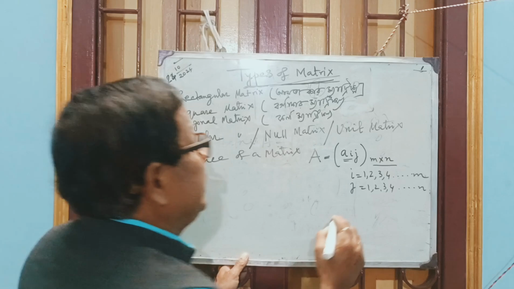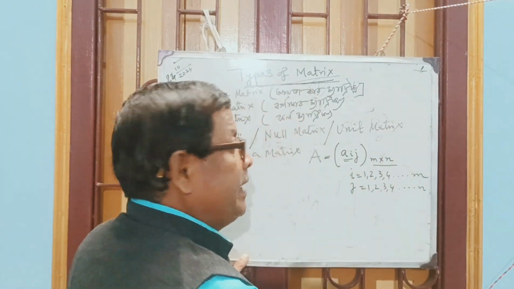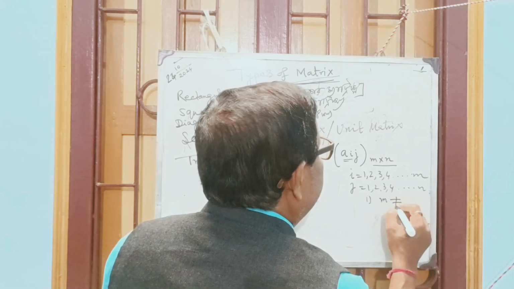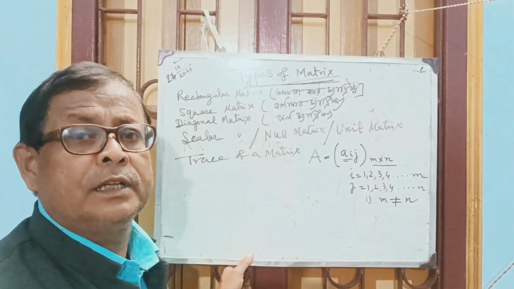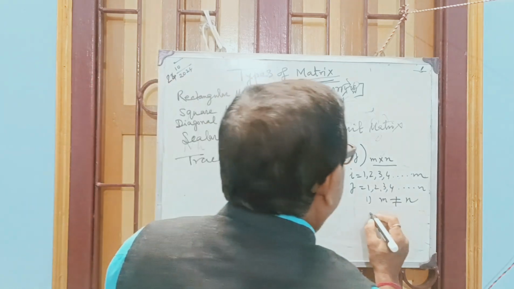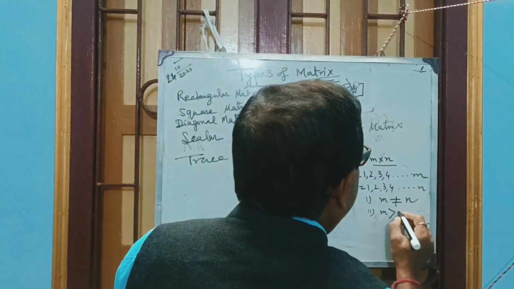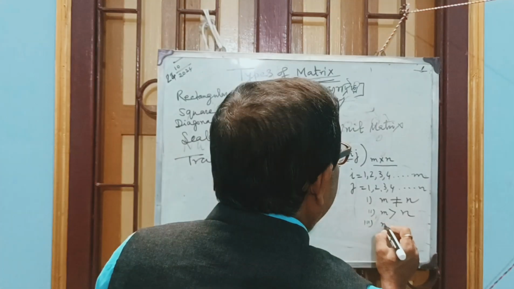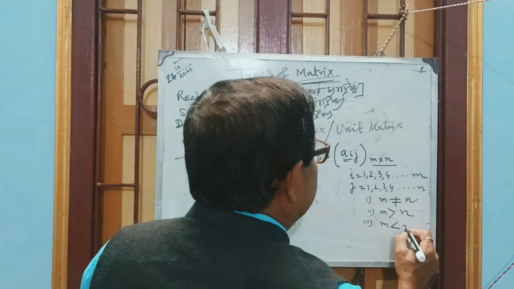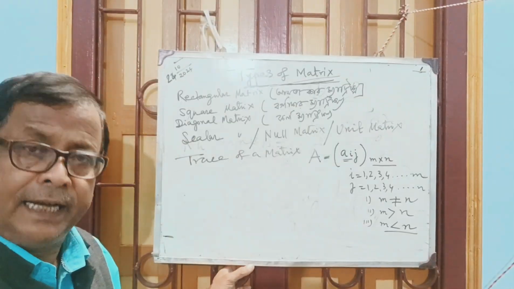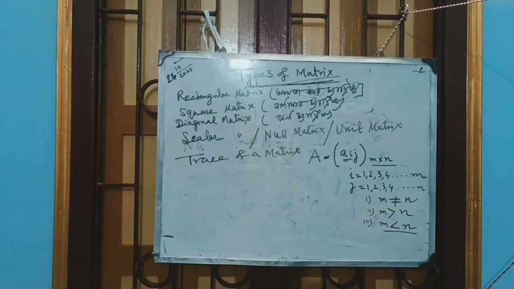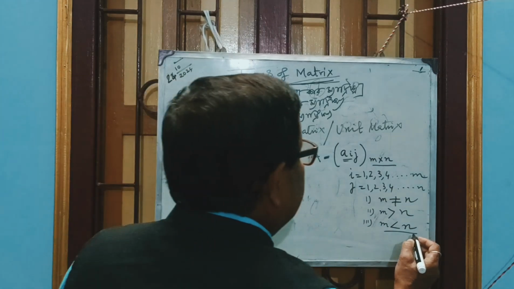Here three cases may arise. Number 1, M not equal to N, the number of rows not equal to the number of columns. Number 2, number of rows greater than number of columns. Number 3, number of rows less than number of columns.